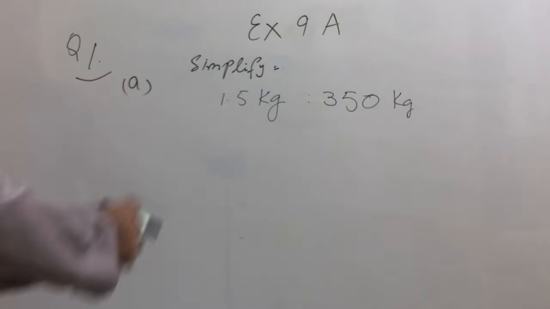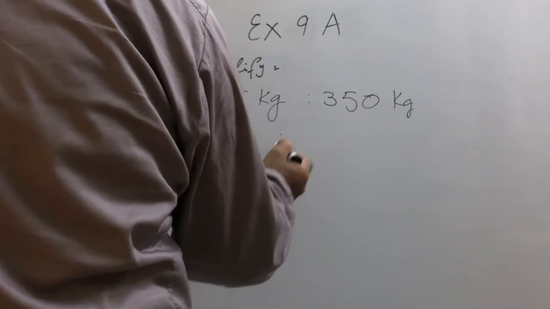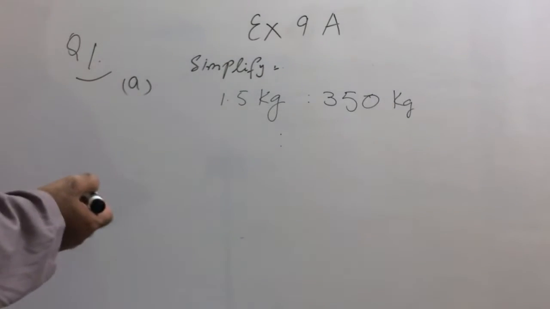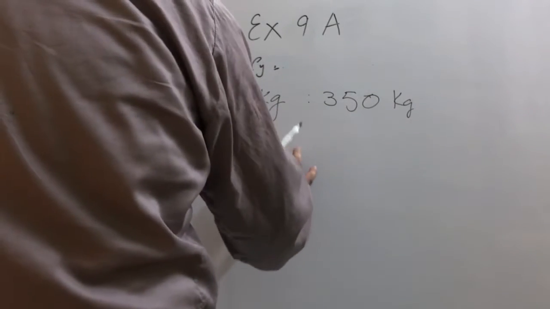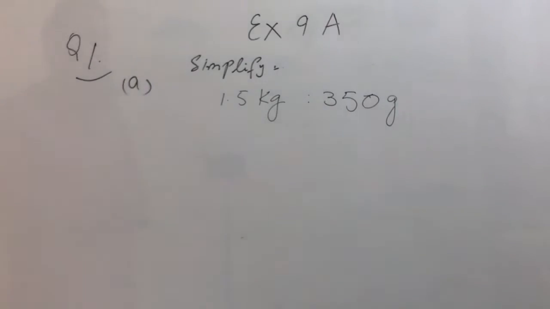these questions. It is 1.5 kg. This is two dots, which we say, I think, colon in English. This is called ratio. Okay, 1.5 kg ratio 350 gram. So we need to simplify these two. The very first thing is that both the given quantities or numbers must be in same units.